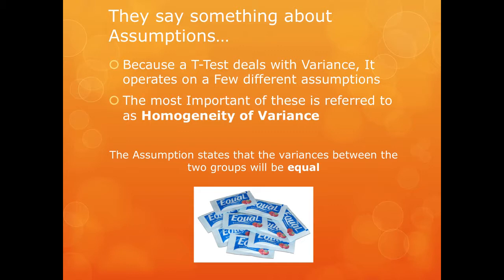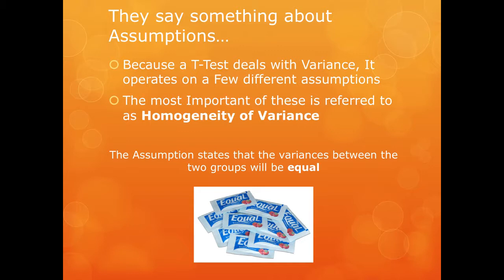Okay, that would violate the homogeneity of variance assumption, because you're not comparing two equal things. It would be very different if you go out in the university, select 100 people randomly, and then split them into two equal groups, okay? Then you're not being biased whether they're athletes or just students or whatnot, okay?